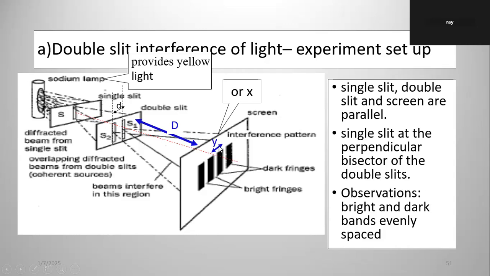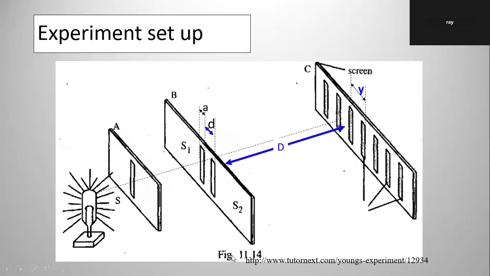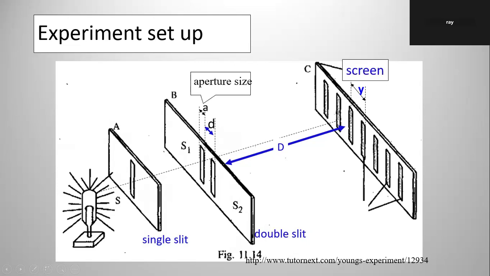You can call it Y or X, depending on the book you use. So there's your D, the distance between the two slits, and there's your Y, from center to center. Single slit, double slit, screen, aperture size, slit spacing.